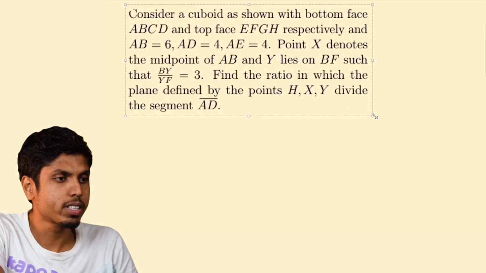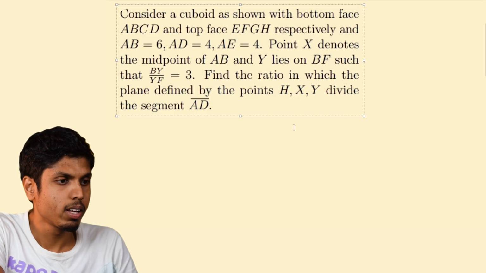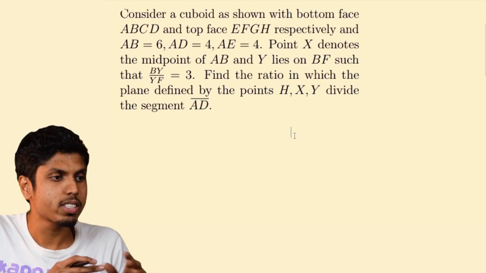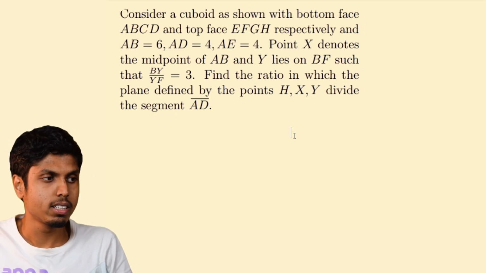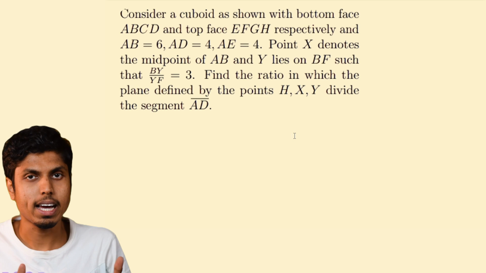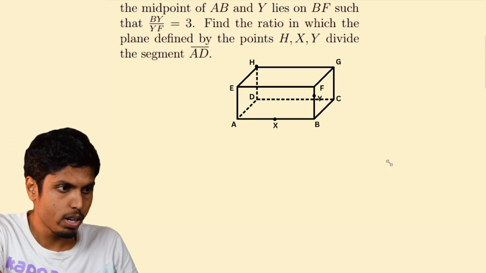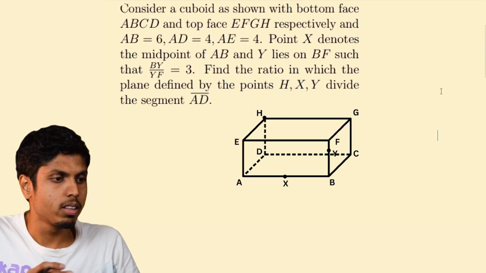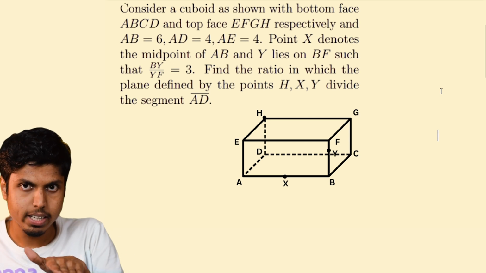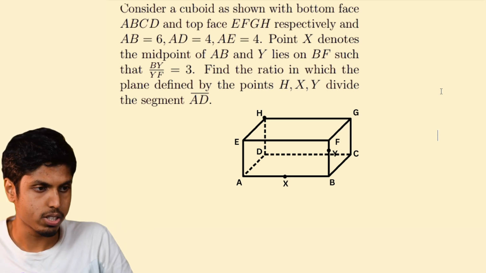This is just a formal statement of the problem. So it is just like as we had discussed, the measurements of length, breadth and heights are given. So here we go with the bottom surface ABCD and the top face EFGH.